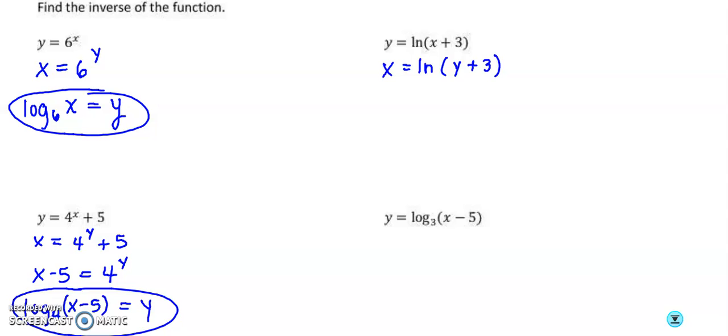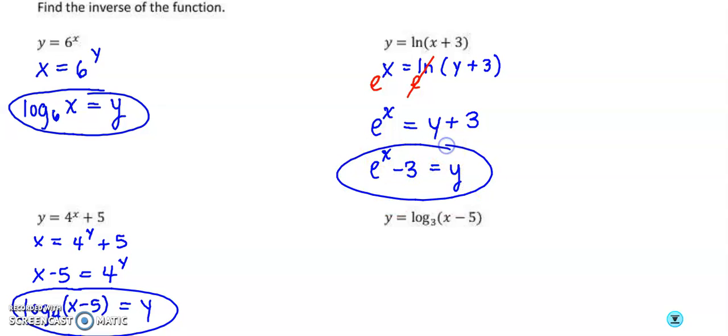So if I say e both sides, what I'm really going to do is put that e and make it look like the base of a power on both sides. So that will cancel with the natural log on the right side. The left side is now going to read e to the power of x equals, on the right side, y plus 3. So your final step is then just to subtract 3 from both sides. So your final answer for the inverse here is e to the x, and then after that, minus 3.